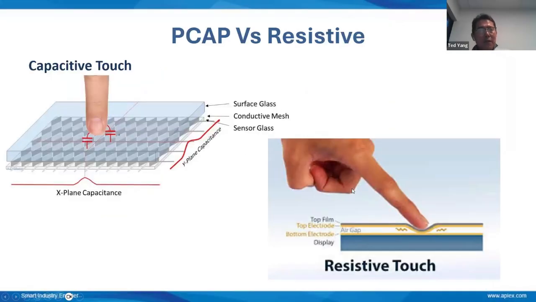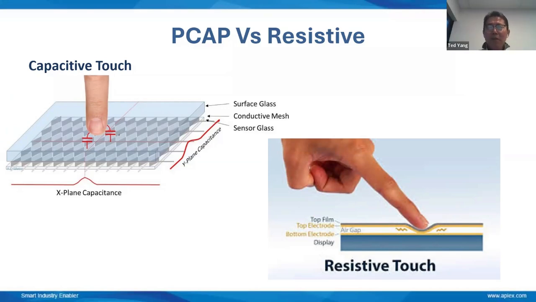Furthermore, touch. I guess we all heard about capacitive touch and resistive. What are the differences? Basically, capacitive uses sensors. The sensor is in between the touch glass and the LCD panel.